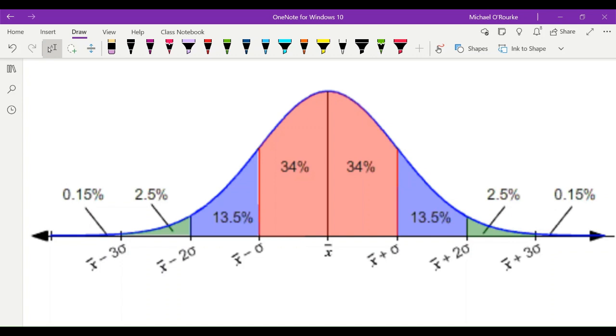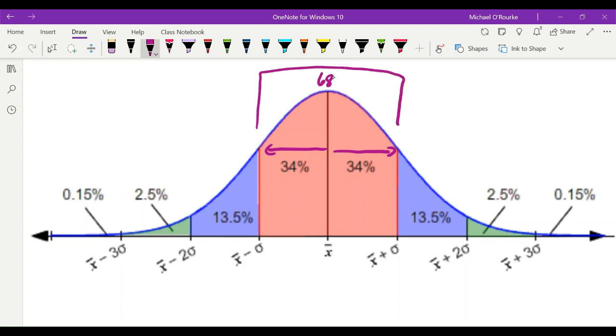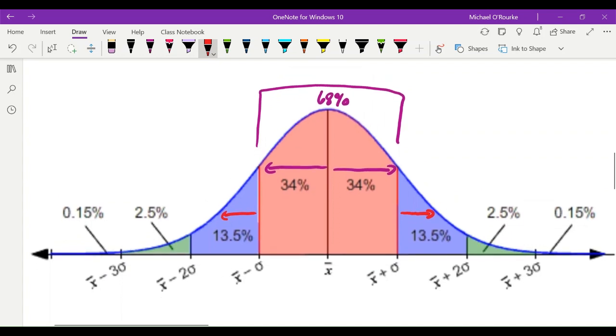for questions coming up. So what this means is, on average, within one standard deviation point above and below, there's 34% of the data. So that means between here and here is 68% of the population. And then, because the curve goes down, the next stretch from 1 to 2 is 13.5.